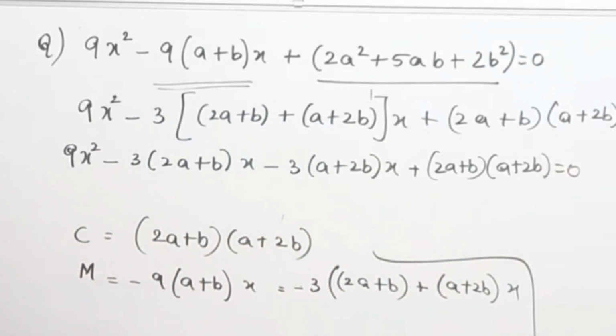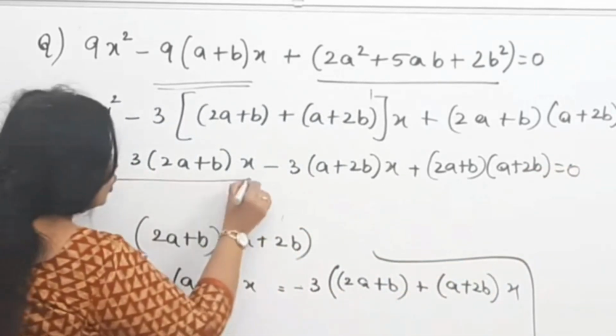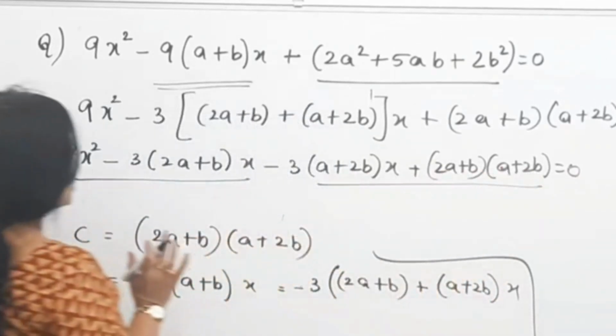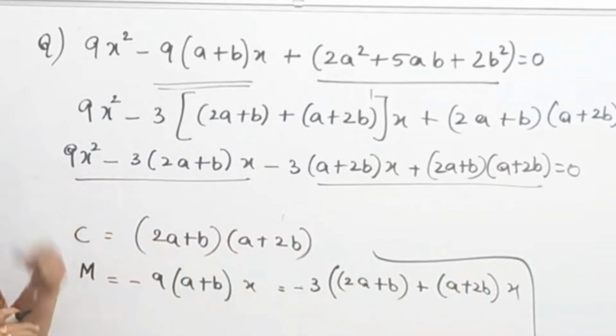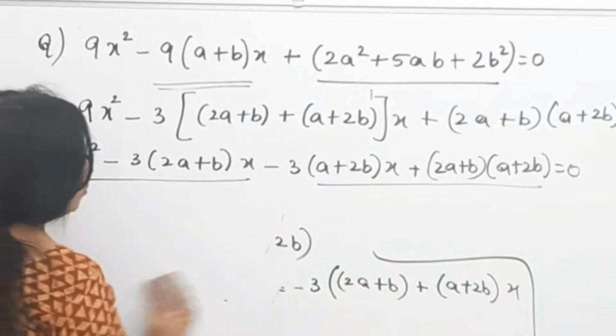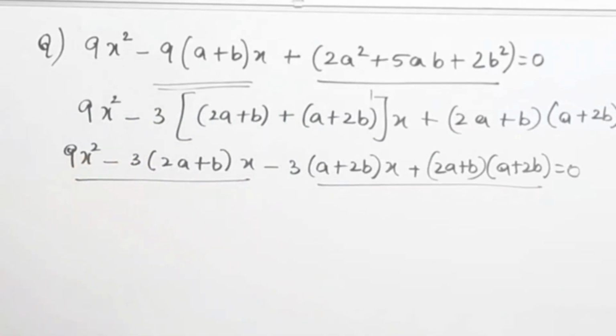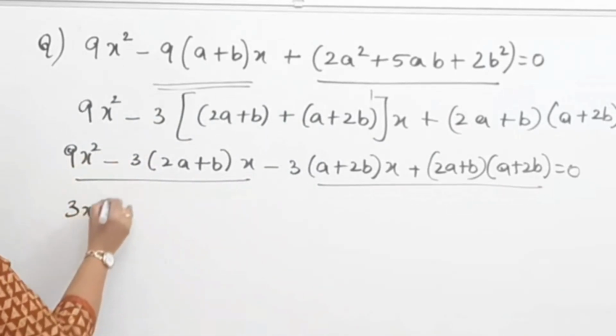Now I'm going to group the terms. You can see a plus 2b is common, and here 3x is common. So I would take my common factors out. So I get my equation, 3x is taken outside.